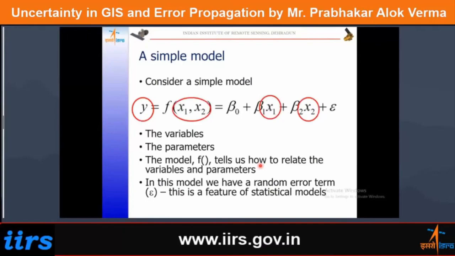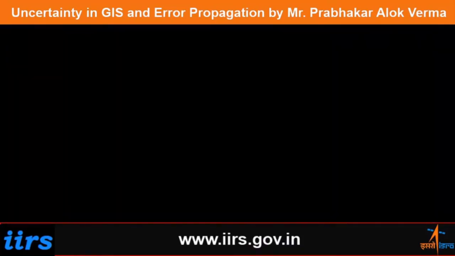The y is the observed, x1, x2, they are observed or independent variable. Y is the dependent variable, which is dependent on x1 and x2. So for relating the model, we'll come to that later. And these beta 0, beta 1, beta 2, these are the parameters of the model.